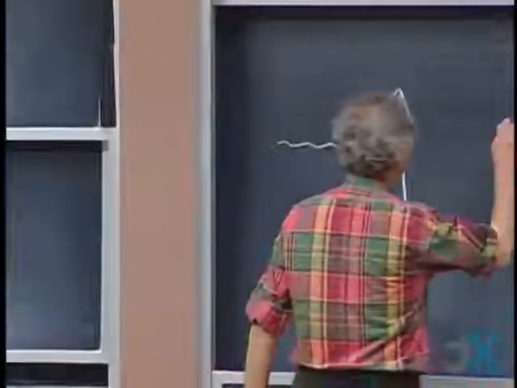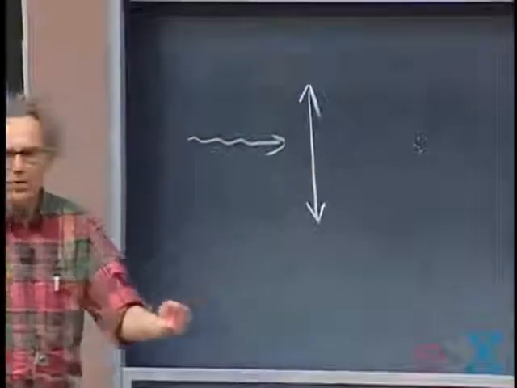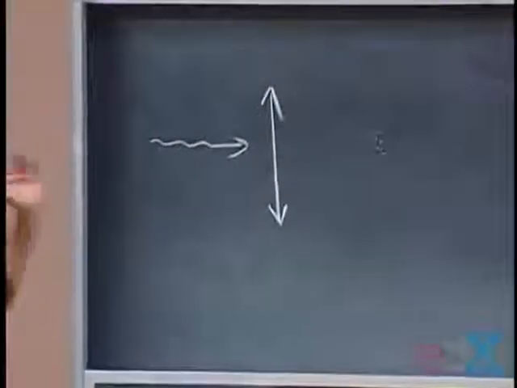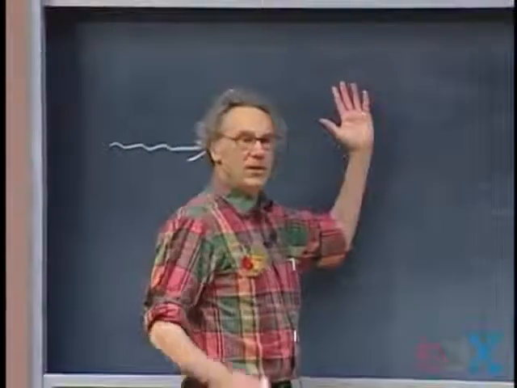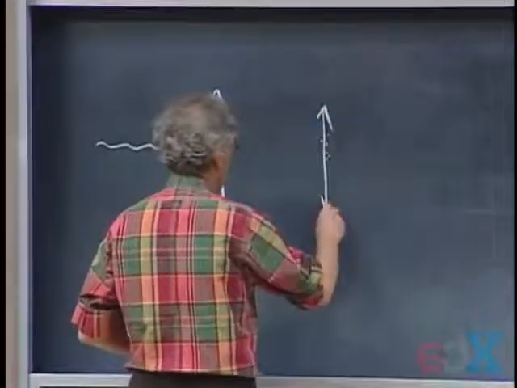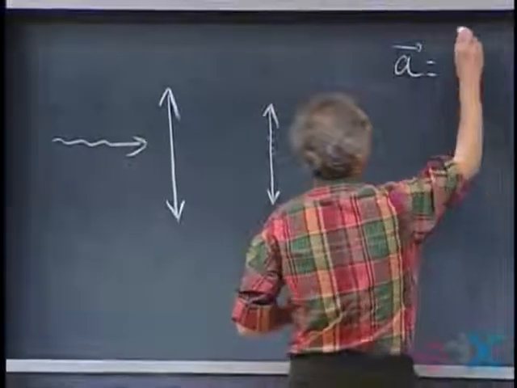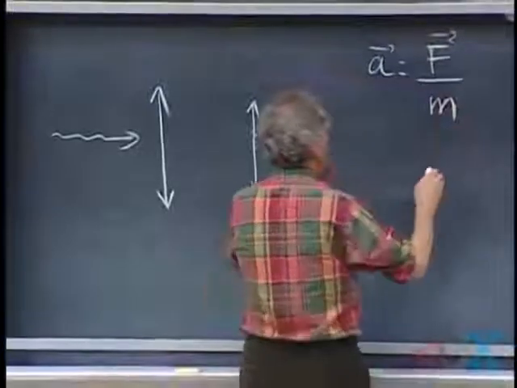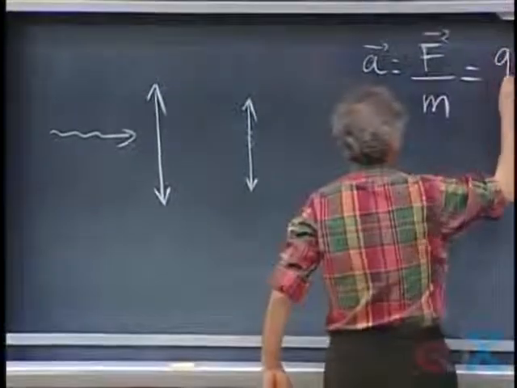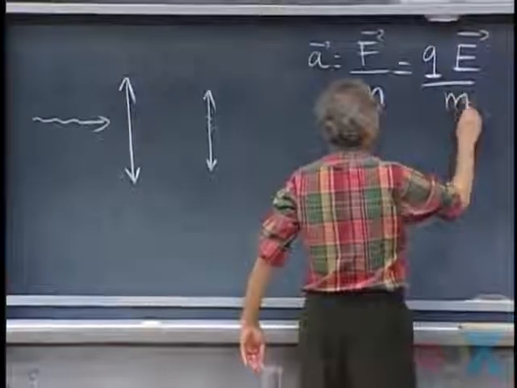And here are my fine dust particles, and these dust particles have electrons, and the electric field passes by, and these electrons, which are charged, are going to oscillate in this direction. They're going to experience an acceleration, which is the force that they experience divided by their mass, and therefore that is the charge that they have times the electric field divided by their mass.